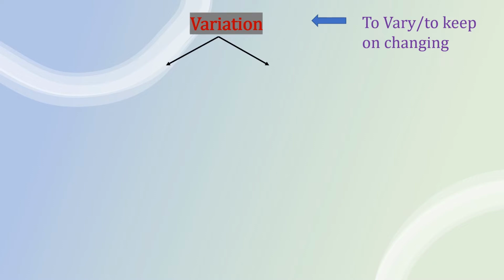There are two types of variation. One is direct variation, the other is inverse variation. Now, I have shown direct variation by two upward arrows, one with yellow and one with red. And I've named one quantity as number of books and the other as cost.